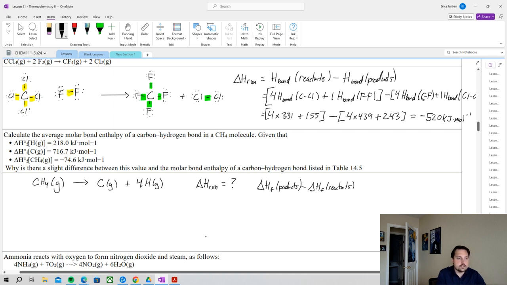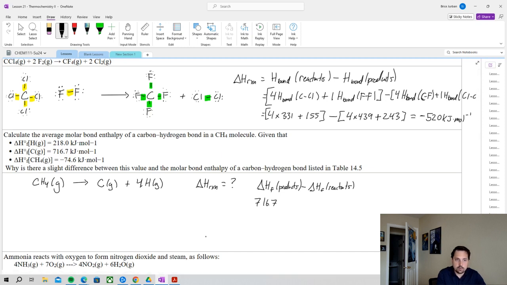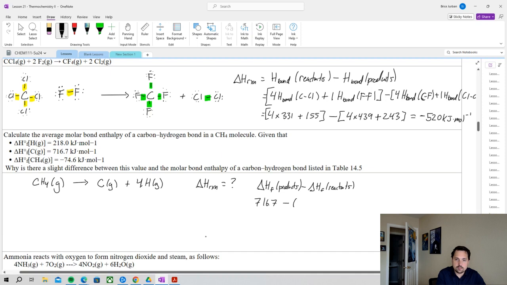And what we have here is carbon, 716.7, and then hydrogen, oh, sorry, 218, and the methane is negative 74.6. And then the reactant is negative 74.6.